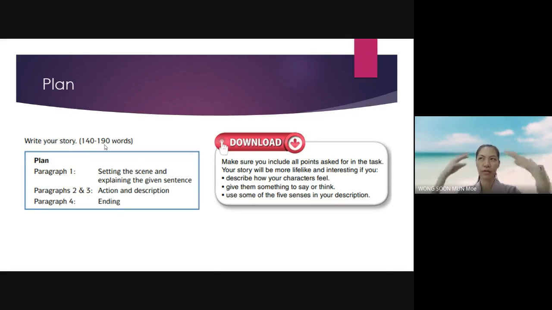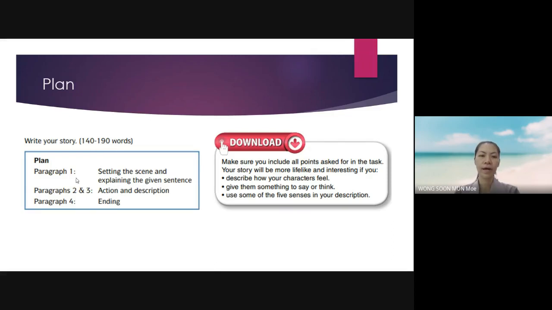If you have a lot of ideas, you can write longer. So don't waste time to count how many words you have already written. This is just a guideline for you, around 140 to 190 words.